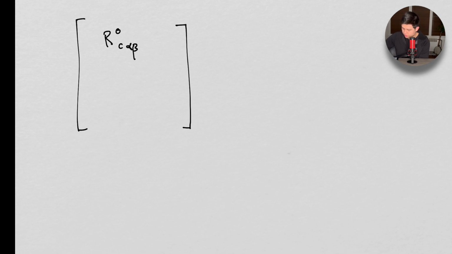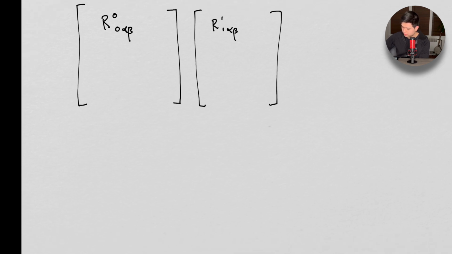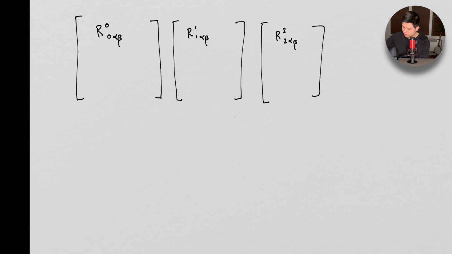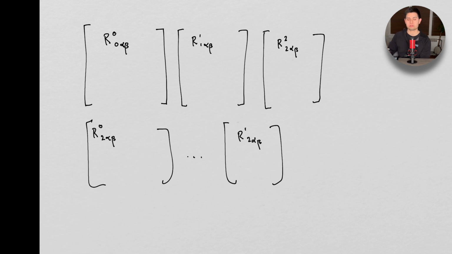So say 0 and 0. This is a 2 by 2 matrix now, just with the first 2 indices being 0. We have another matrix we can identify as R11 alpha beta. And then we have another one, another matrix R22 alpha beta. And you could see where this goes, and then we could have R02 alpha beta, right? And so forth, right? We can have R12 alpha beta.